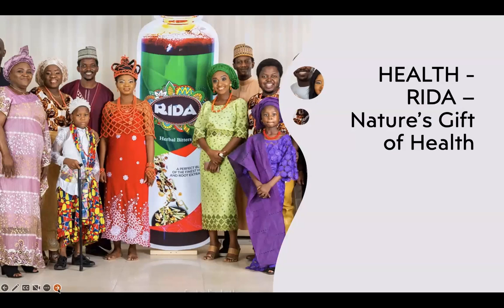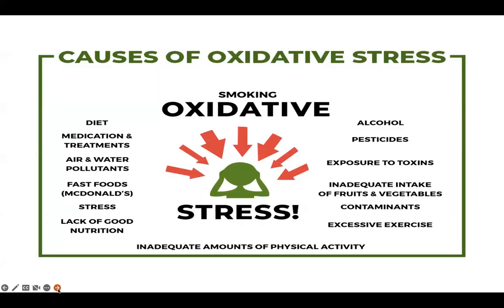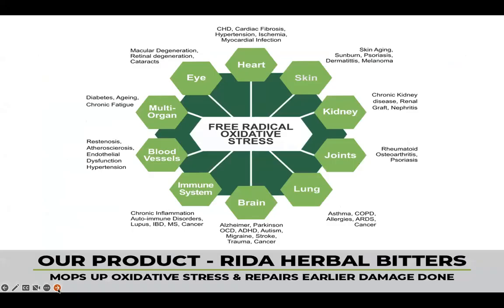What exactly is the product? Okay, the product is a proven product. It's a herbal Reader bitters. The testimonies that we have recorded in the last few years have been amazing. Oxidative stress is caused by so many things that we all do, so many that we're all involved in, and the kind of ailments that result from oxidative stress are quite a lot.